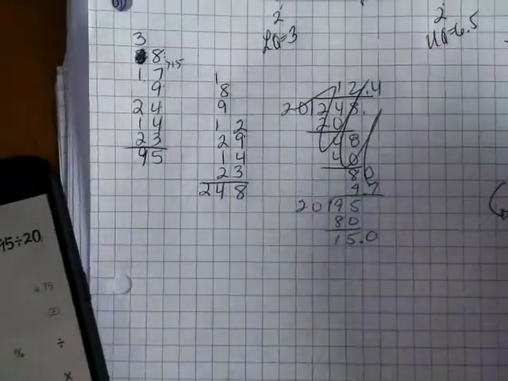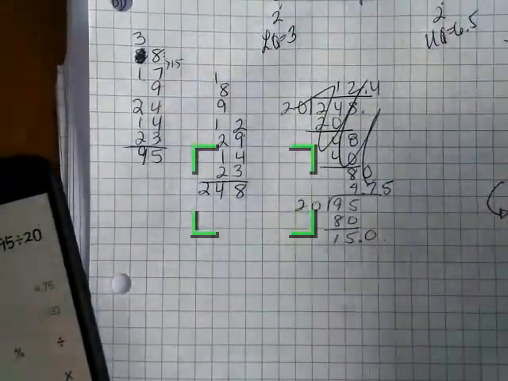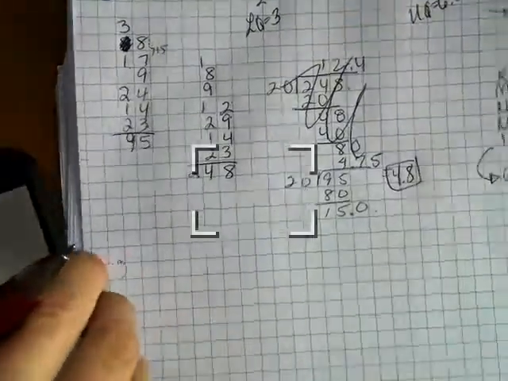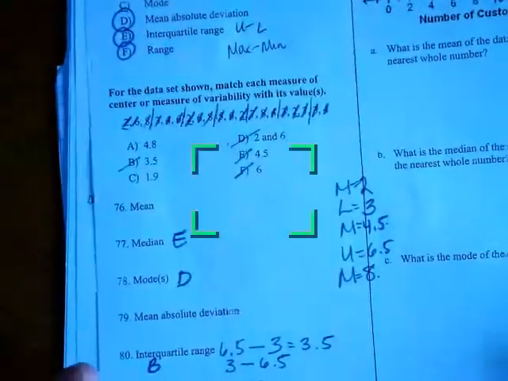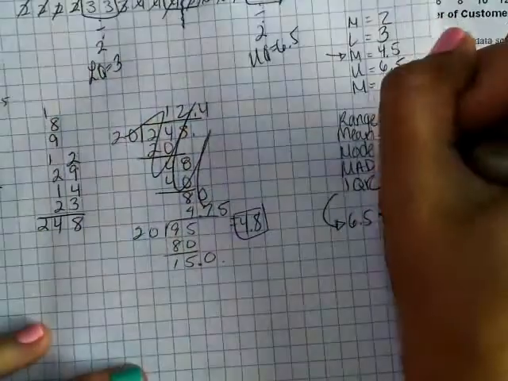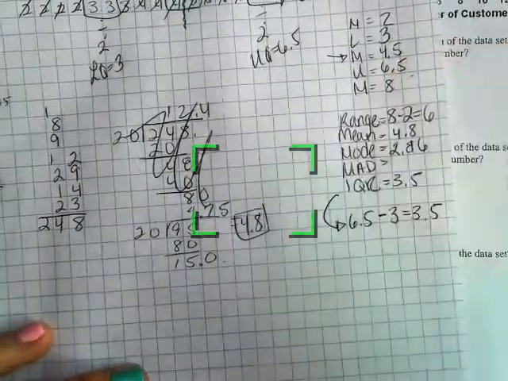It's 4.75. Okay, rounded is 4.8. Okay, I didn't make a mistake. All right, so the mean in this case then is 4.8.